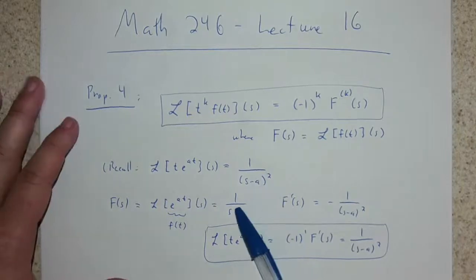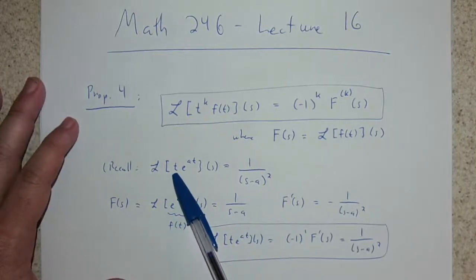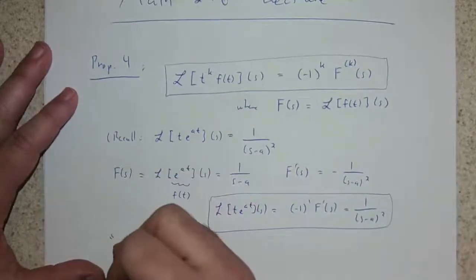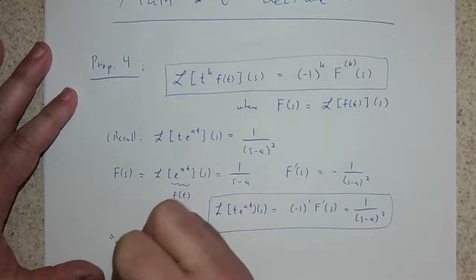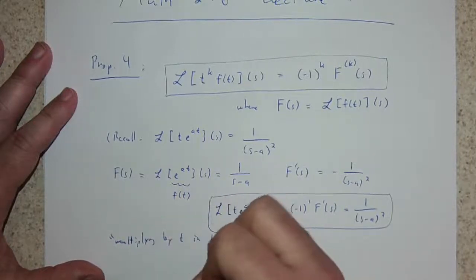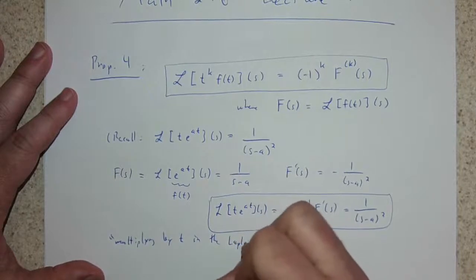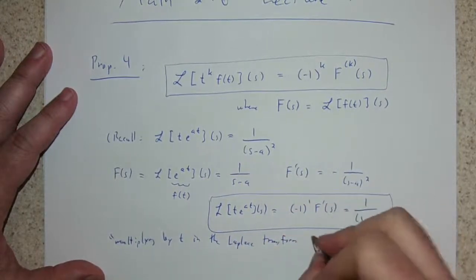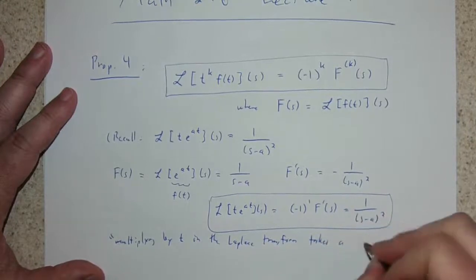What's actually going on is that multiplying by t is taking a derivative. That's a way of thinking about it intuitively. So multiplying by t in the Laplace transform takes a derivative.